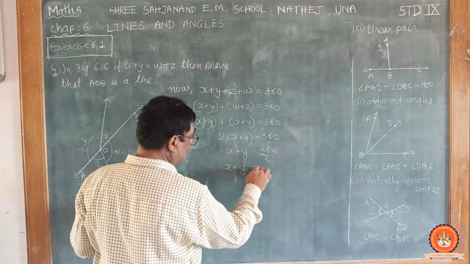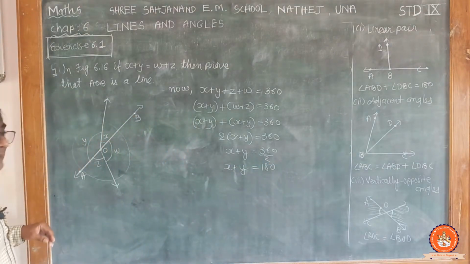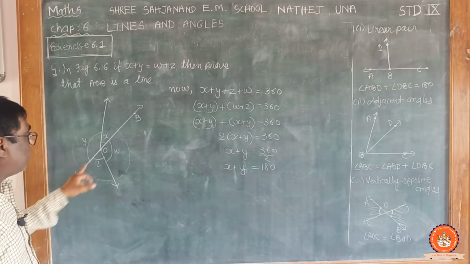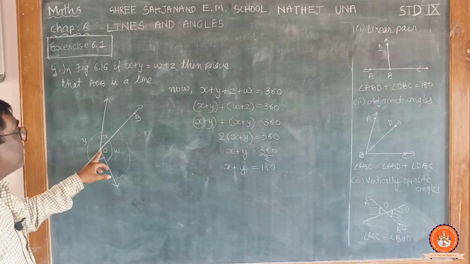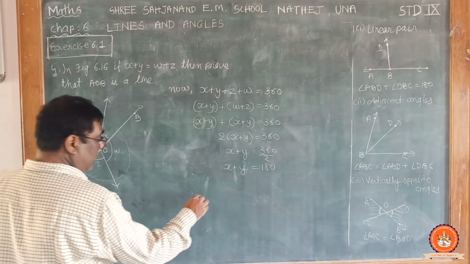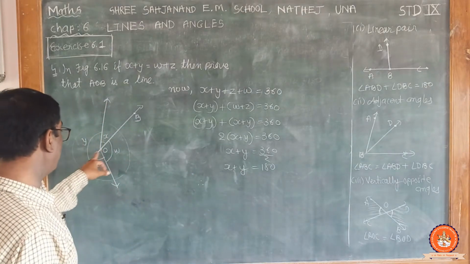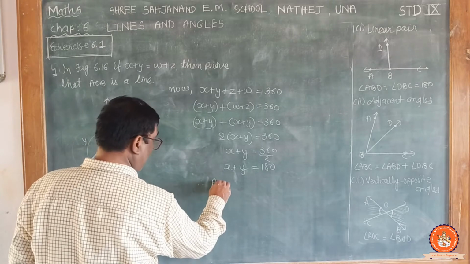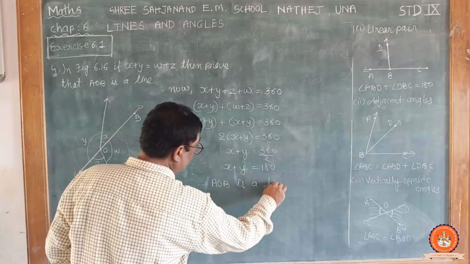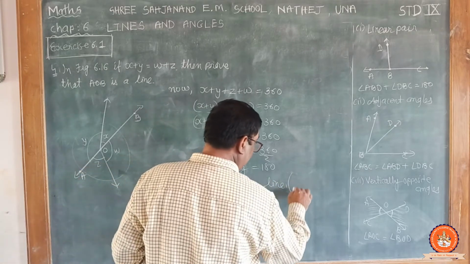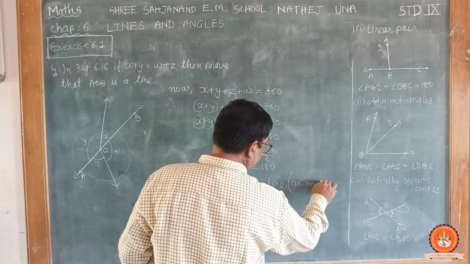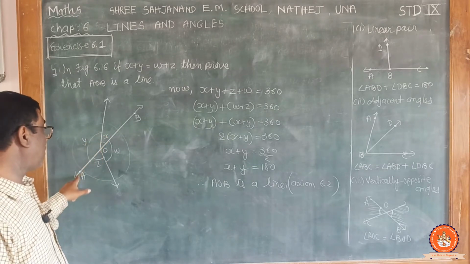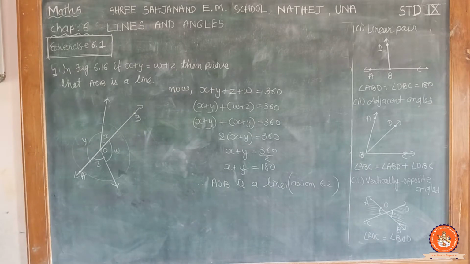So x plus y is equal to 180. Okay, so as per axiom number 6.2, if the sum of two adjacent angles is 180, then their non-common arms form a line. And therefore AOB is a line. Okay, very good.